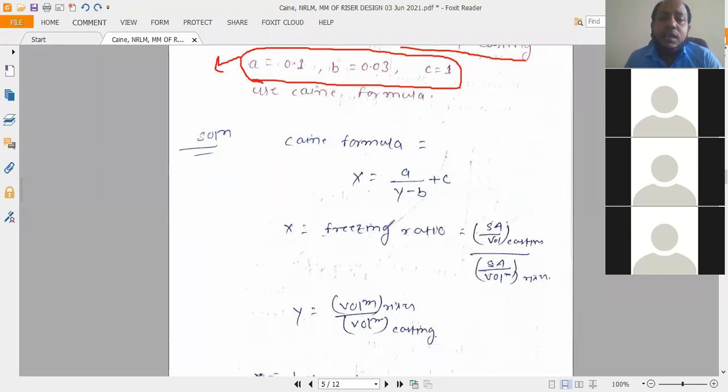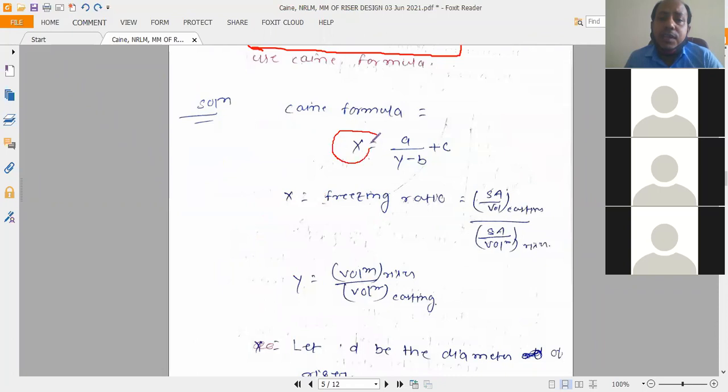So it is easy. Now, how can we calculate x? Calculating x is also very easy. x is the freezing ratio, defined as surface area by volume of casting.